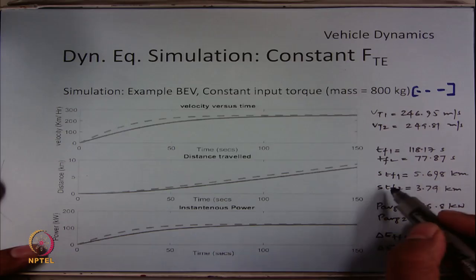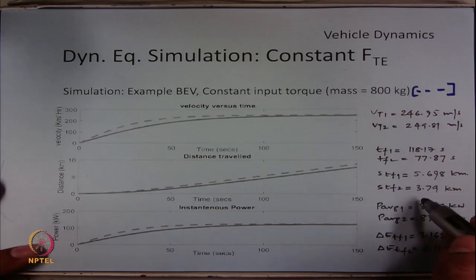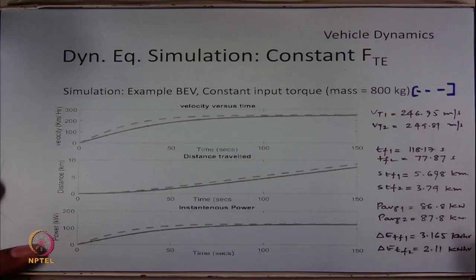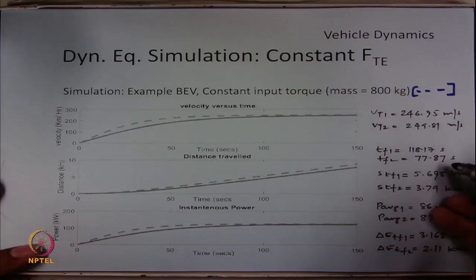The distance travelled to reach 98% of the velocity will be 5.698 kilometer in the first case, and it was 3.79 kilometer in the second case. The average power is also similar, but there is an interesting thing: the energy required to travel in the second case has reduced from 3.165 to 2.11, because the average power is similar, but the time required to reach 98% of the terminal velocity has drastically reduced in the second case.